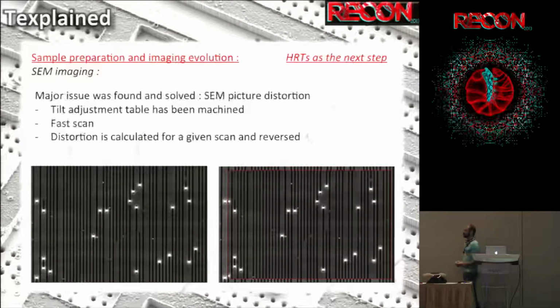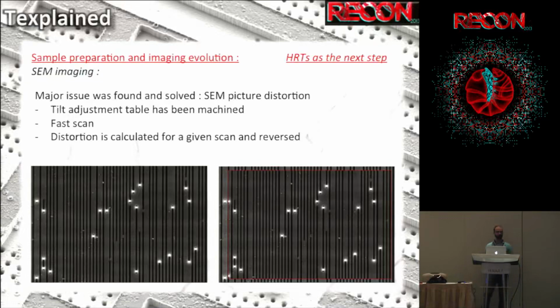So from this, you think you can just extract every information from the pictures, but now you discover something bad. The same pictures are distorted, and a lot. I don't know if we can see here, but on the right side, you have a red rectangle showing the dimension of the transformed picture, what it should be if there was no distortion in the SEM.